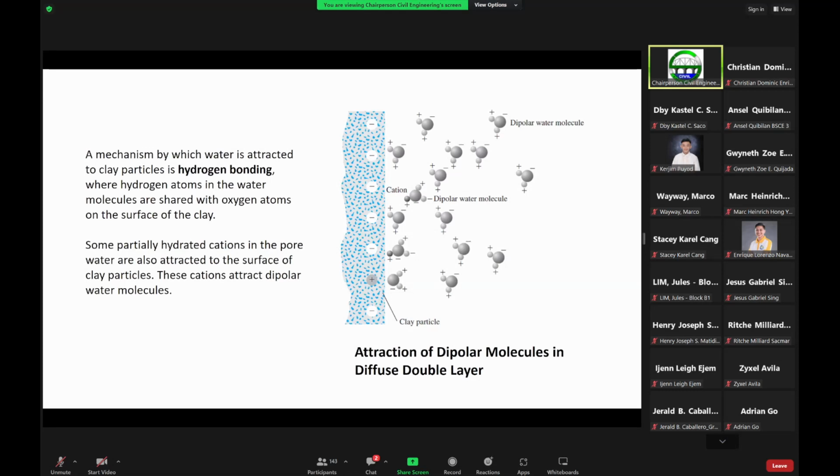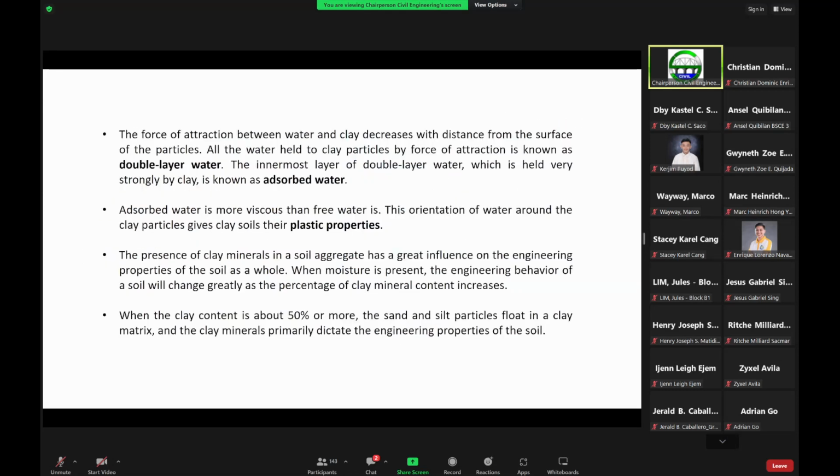The force of attraction between water and clay decreases with distance from the surface of the particles. All the water held to the clay particles by force of attraction is known as the double layer water. The innermost layer of the double layer water, which is held very strongly by clay, is what you call the adsorbed water, on the surface.